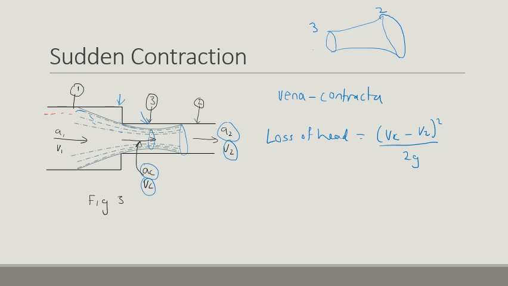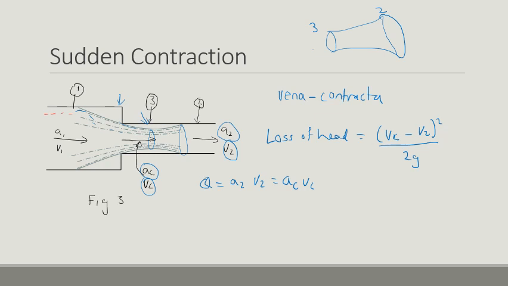Now for continuity of flow, we have Q is equal to A2 V2, which is equal to AC VC. We are trying to derive the expression for the loss of head that occurs when flow passes through a sudden contraction in a pipeline.